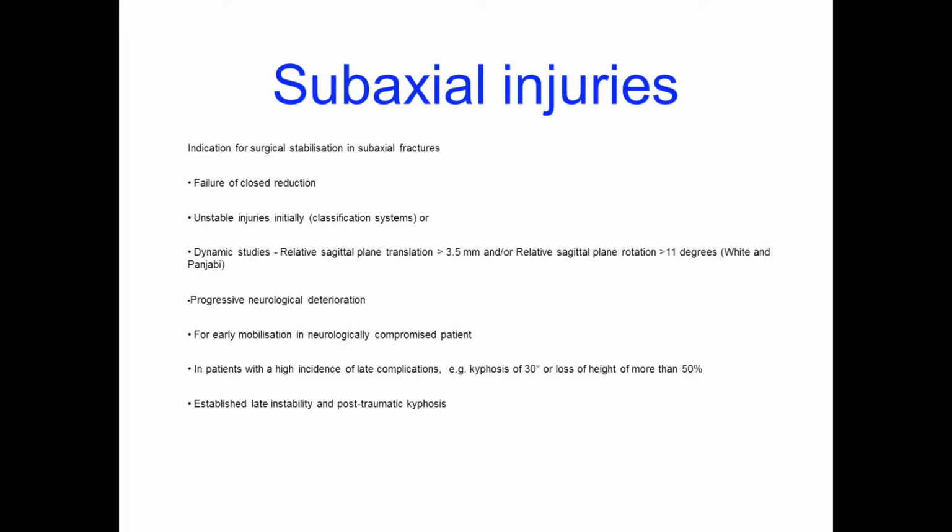Patients that are dynamically unstable at a later stage, with more than 3.5 millimeters translation or more than 11 degrees of rotation. Obviously progressive neurological deterioration, early mobilization in a neurologically compromised patient, patients with late complications, and patients with late instability and kyphosis.